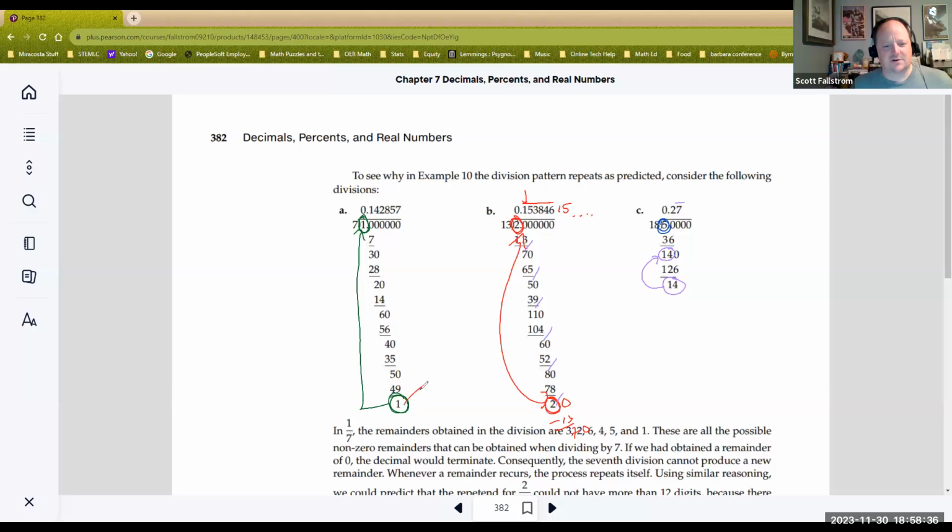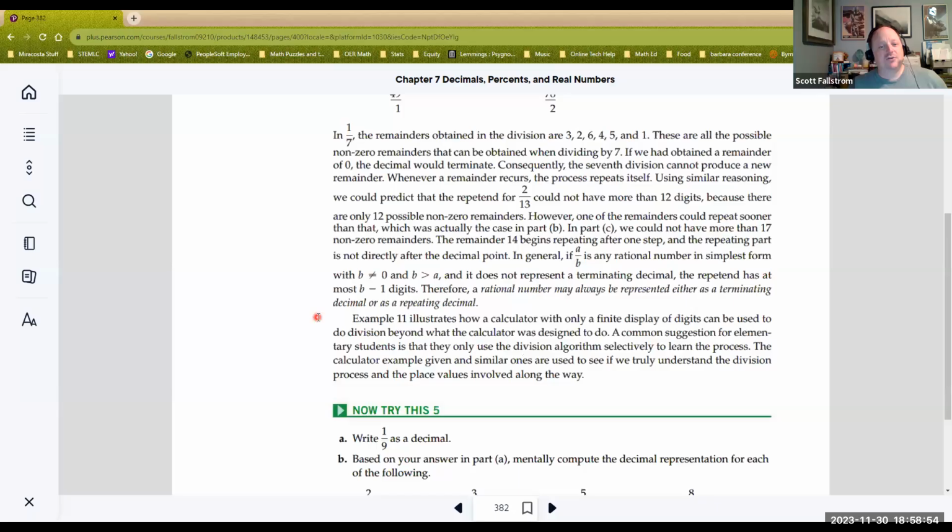And likewise over here, there's a remainder of 5, of 4, of 6, of 2, of 3, 1, 2, 3, 4, 5, 6, put the bar over all of them. So if you see a remainder that recurs, if you see a remainder that repeats, your process is coming to an end.